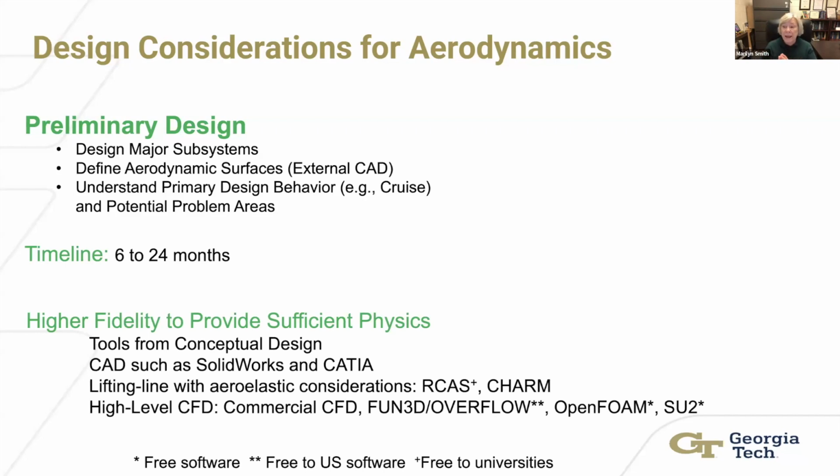You need a really good CAD model. Again, SolidWorks, CATIA, you know what you like, what you may have access to. Now your lifting line codes that you had before, you probably just looked at those assuming rigid surfaces. Again, you don't have time to run a lot of aeroelastic considerations, but now you should start looking at that.